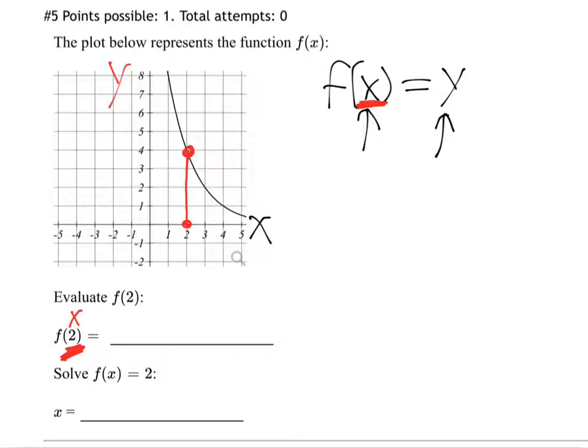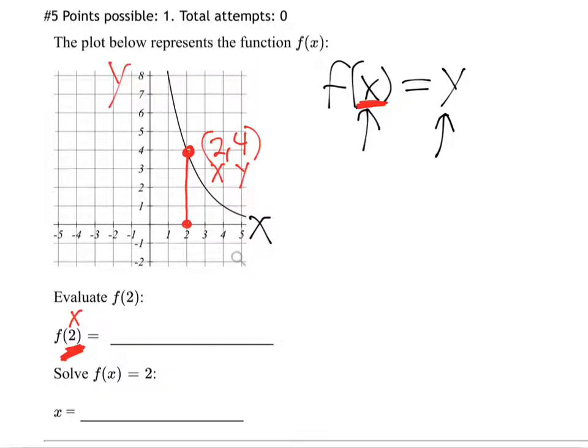What's the coordinates of that point? Over 2, up 4. X is 2, y is 4. Remember graphing? From the center, it's over 2, up 4. That dot on the graph is (2, 4), x, y.